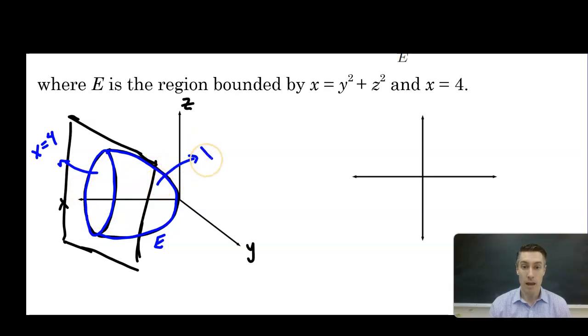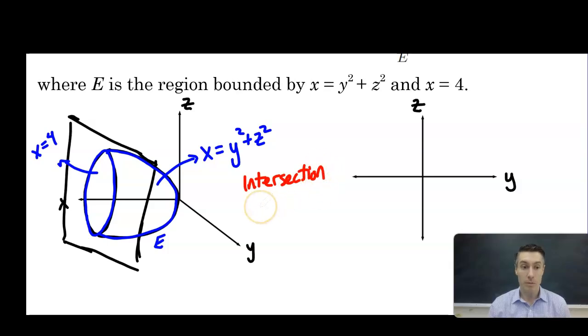And at the bottom, we have the elliptic paraboloid, x equals y squared plus z squared. Again, drawings don't have to be perfect, but the better your drawing, at least spatially, the easier time you're going to have figuring out your bounds of integration. And now we're projecting onto the YZ plane, and we're going to project that circle, that intersection.